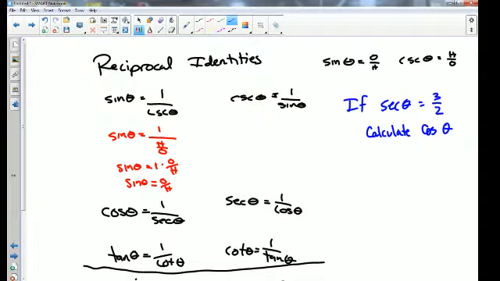You've done this problem before. Secant's 3 over 2. What is cosine? Say it. Yeah, that's it. They're reciprocals, right? Yeah, they're reciprocals. Wow. Okay. So you've already done that problem before.